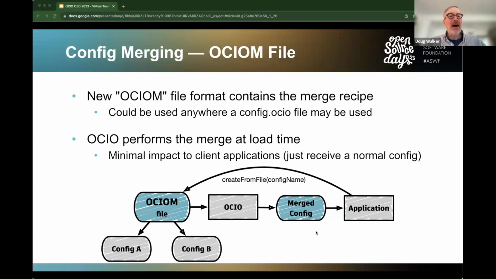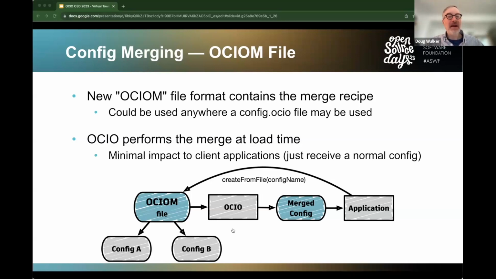One of the more powerful aspects of this feature is the OcioM file format. This is a YAML file that contains the references to the configs to be merged and any of the merge options. The idea is that this could be used anywhere a config.ocio file could be used today.